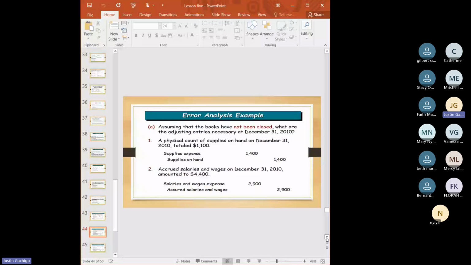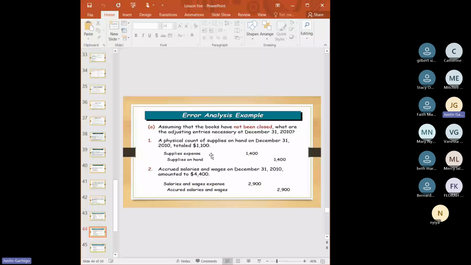That means the supplies on hand were overstated by 2,500 minus 1,100, so you get 1,400. Therefore, you need to reduce the supplies on hand by 1,400. Supplies on hand are assets, so you credit the supplies on hand, then you debit the supply expense.